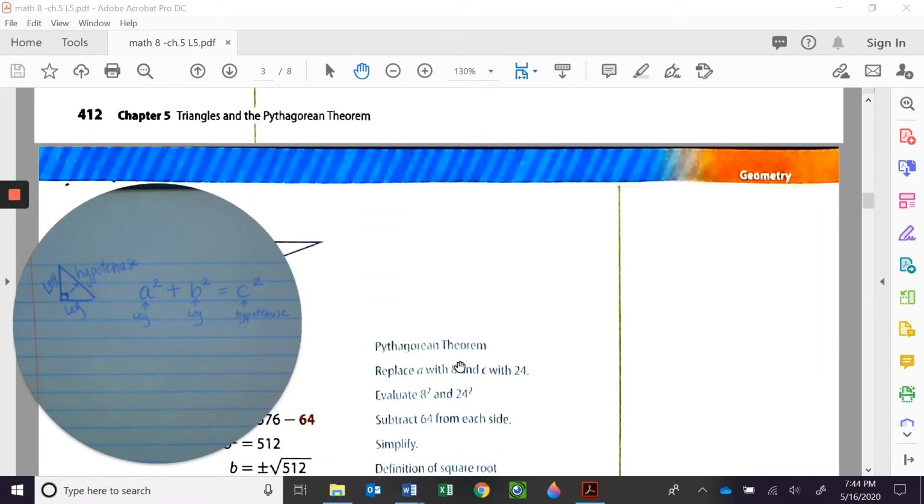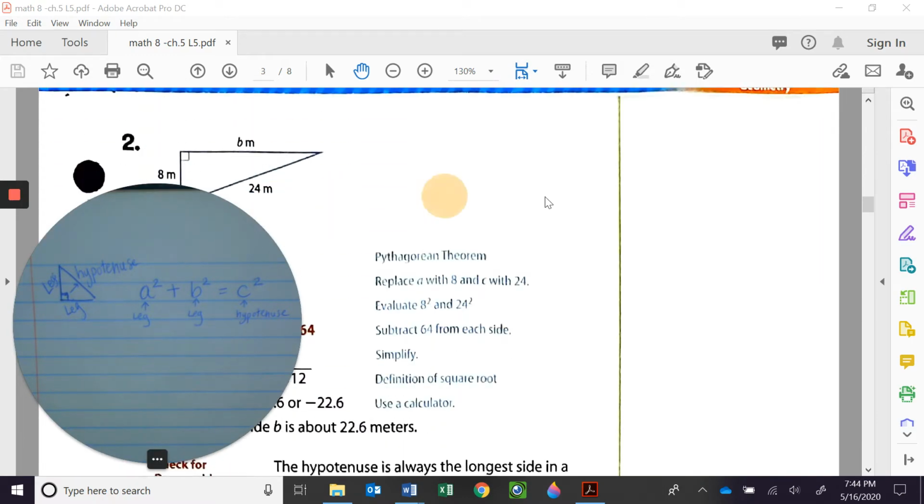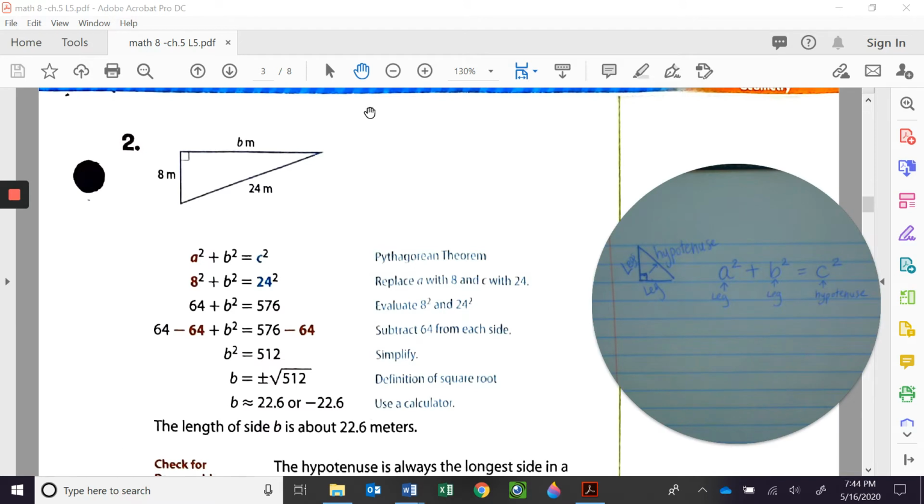So let's look at another example. This time they want us to find b. So we have a squared plus b squared equals c squared. They multiply it out. Then to get b by itself, they subtracted 64 from both sides, got b squared equals 512, took the square root, and you get this decimal.